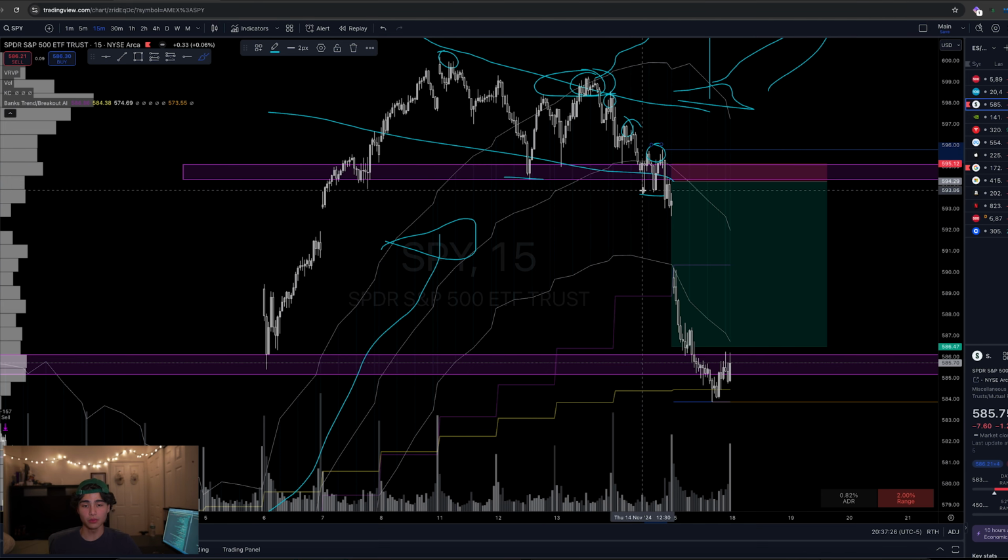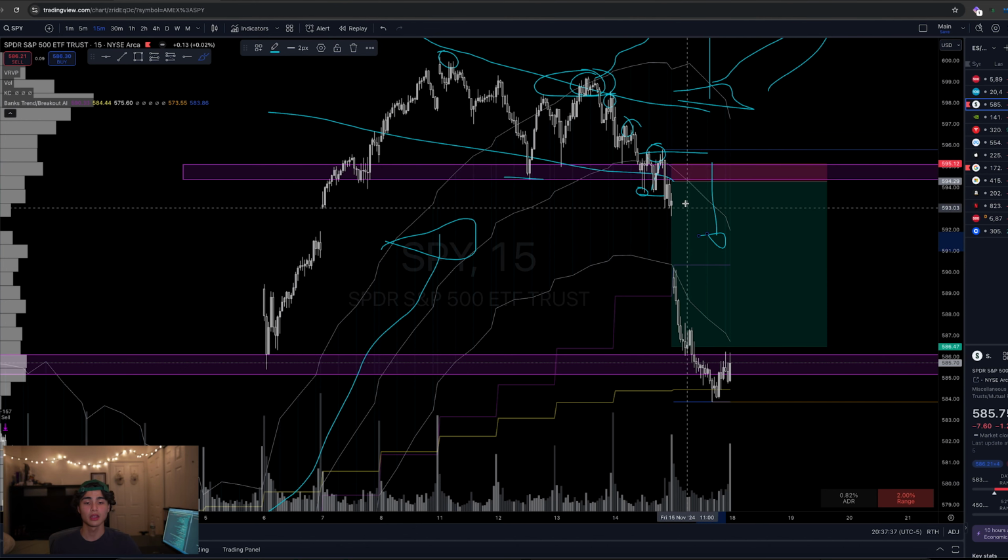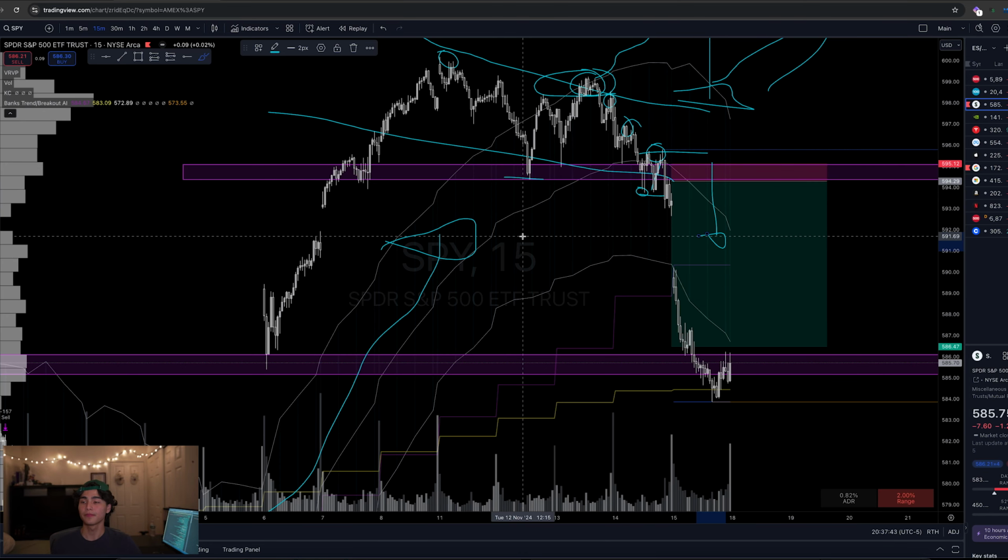If you bought puts or tried to short down here, price came back up and most people would have got stopped out of this trade before this true move down. Look at this giant move down. This move down happened after stopping a lot of traders out.